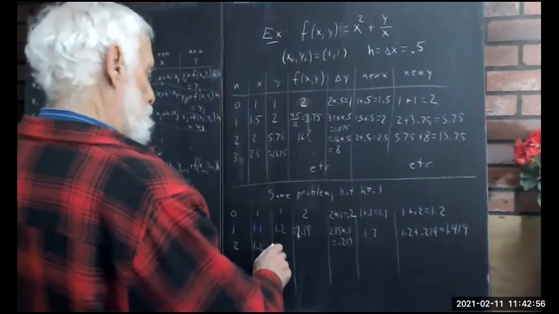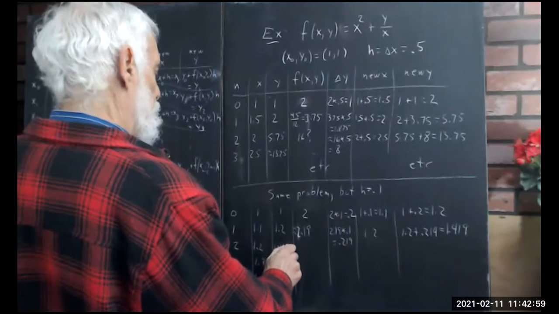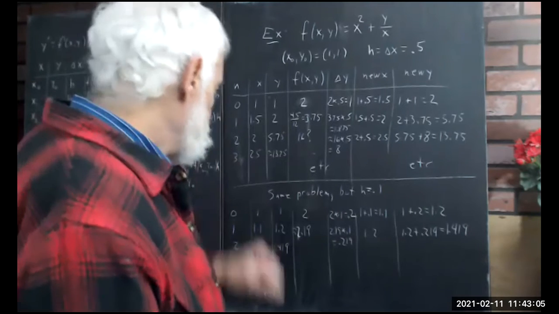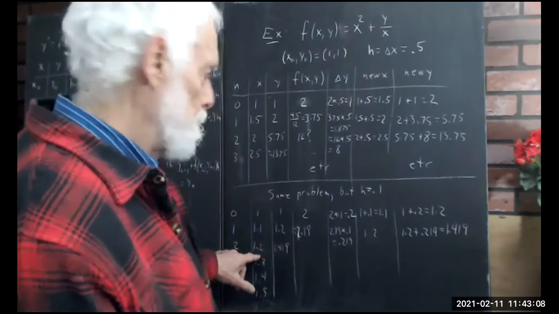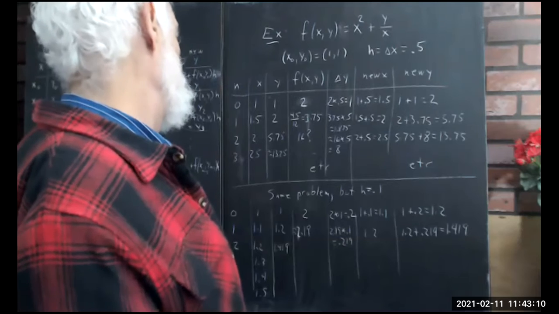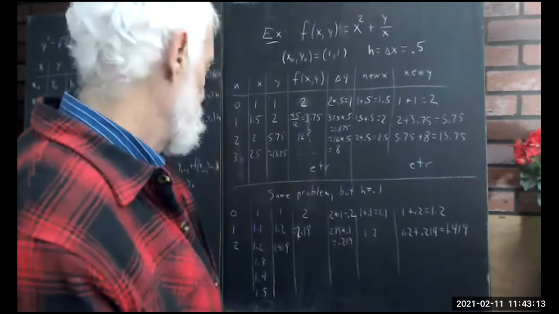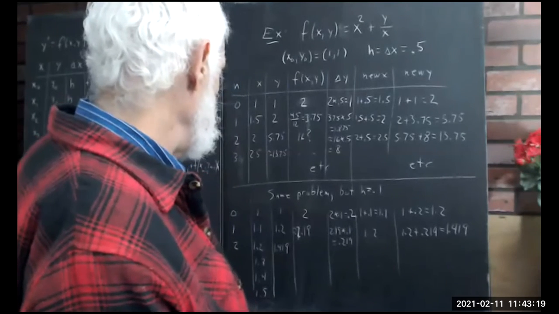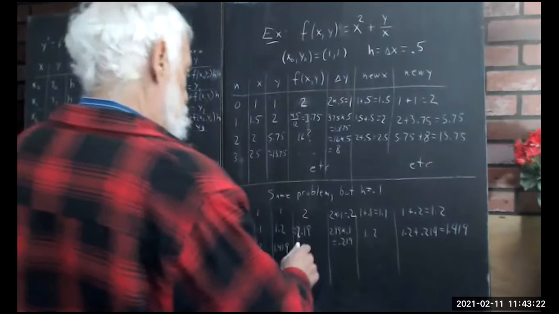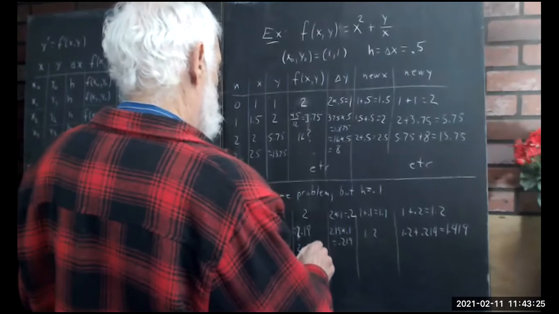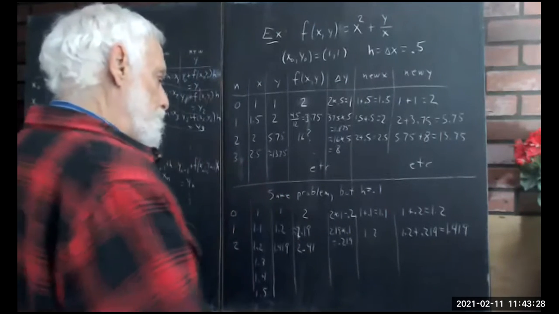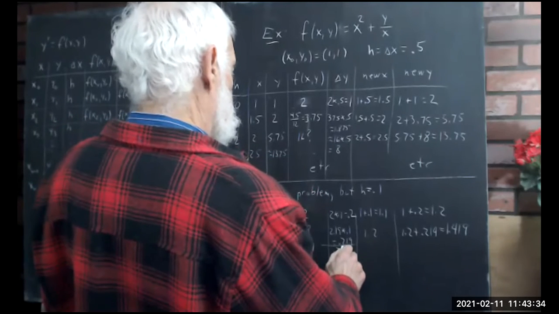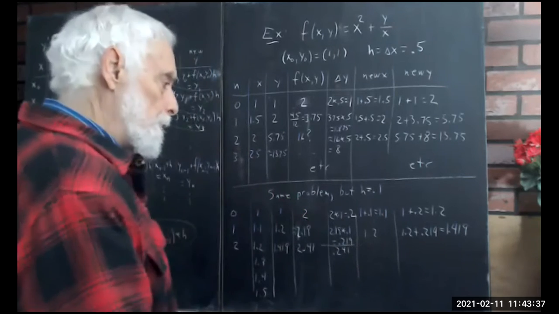Okay, then I'm at 0.2 and I've got 1.419. 1.2 squared is 1.44. 1.419 over 1.2 is, again, pretty close to 1.2, but a little less. So I'm going to get something about 2.419, 2.41. Over here, I'm not going to write out the multiplication now.